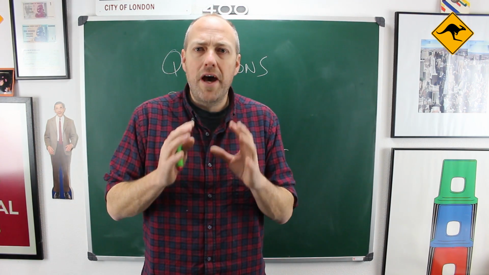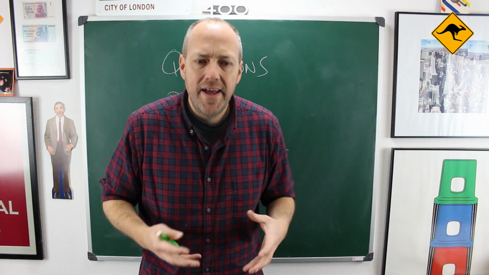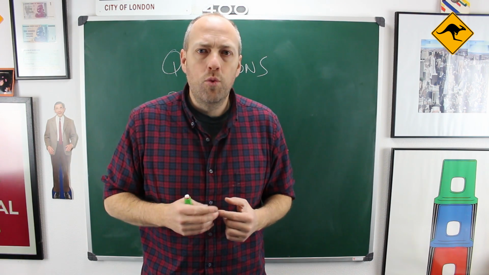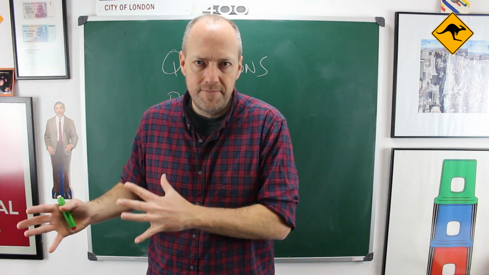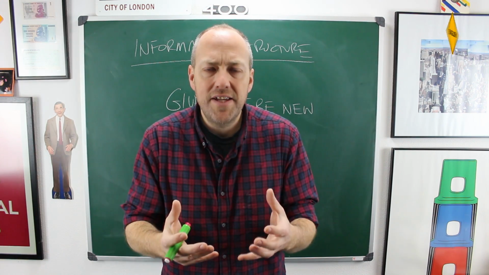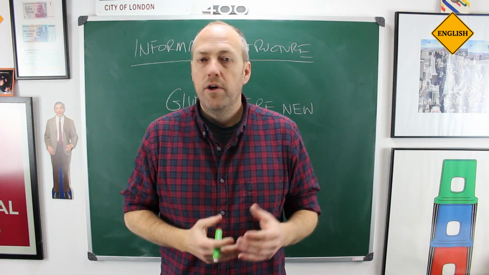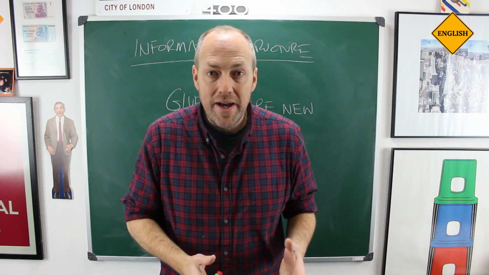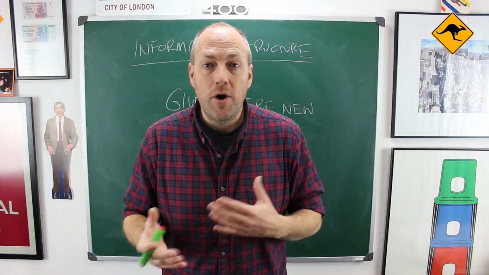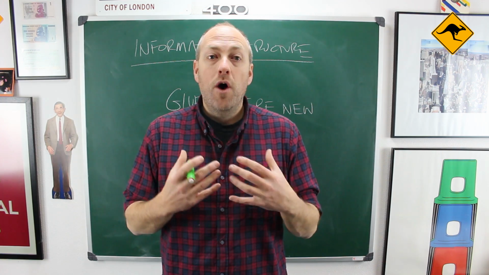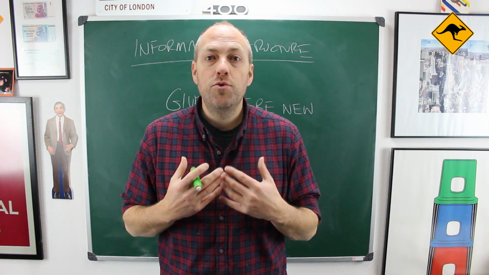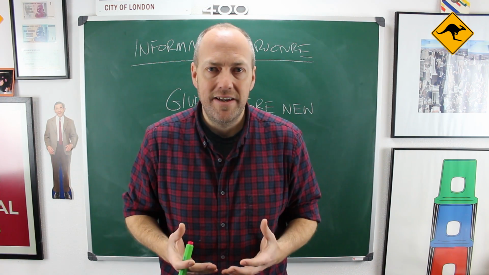Now, let's talk about why and when you would deliberately break the SVO rule. When we communicate in a language, whether it's writing an email or speaking on the telephone or having a conversation, our objective is to convey meaning.